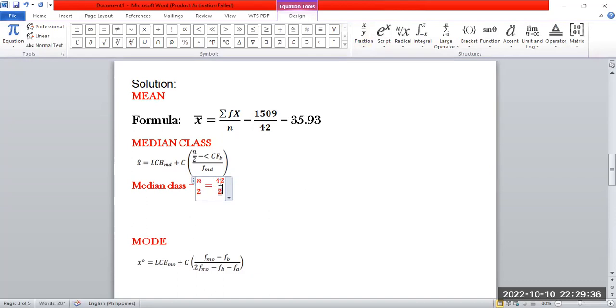Kuha nyo lang yung half niya. So n divided by 2, where our n is 42, divided by 2, that is equal to 21.